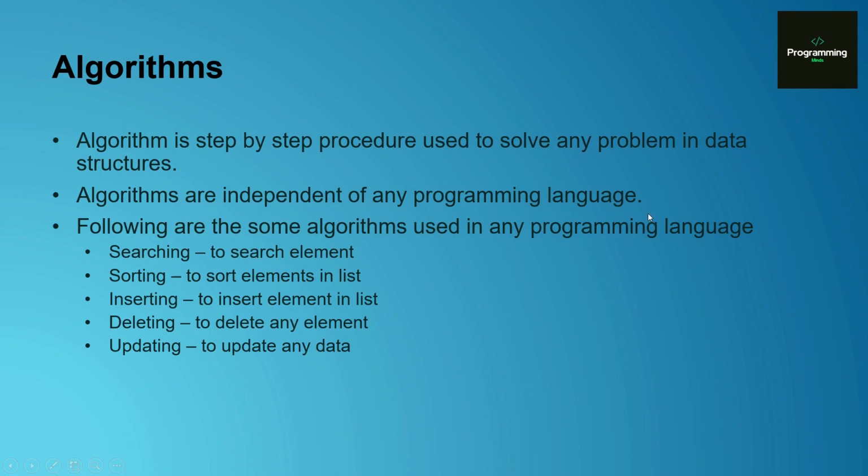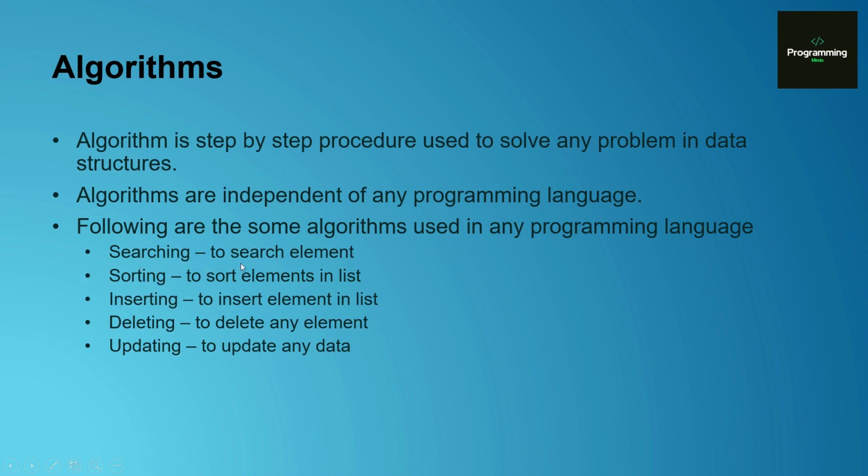They can be used in any programming language like C++, Java, Python, but in this series we are going to learn algorithms using C++. Following are some algorithms used in any programming language.